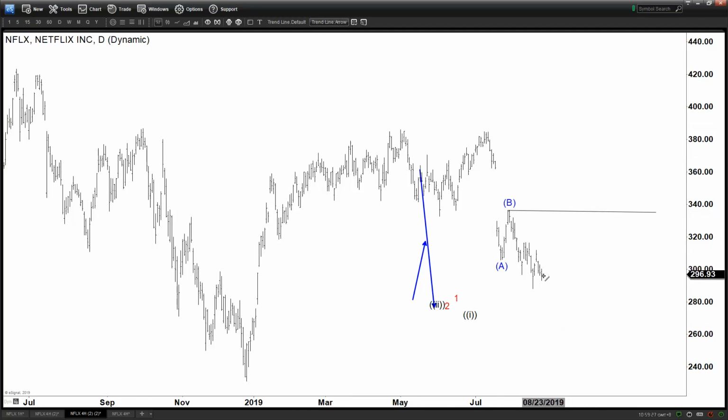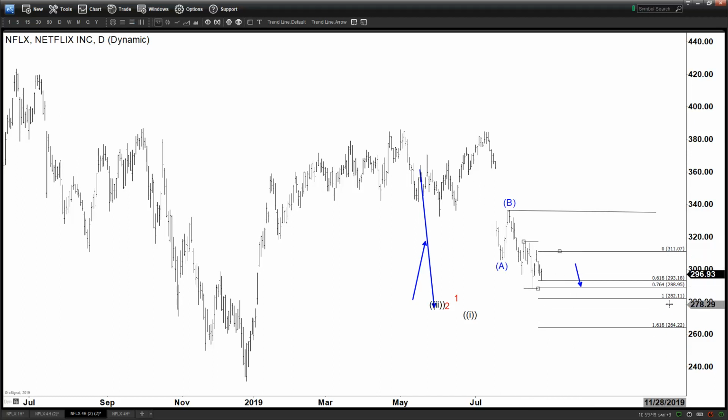Okay, so we need to at least break below here to at least at minimum show a 5 ways down, and then this leg needs to be technically shorter than this leg if this is going to be 1 2 3 4 5, let's say. So I'm just looking at the most conservative view here. So the 100% extension here is going to be 282, between 282 to 164, right?